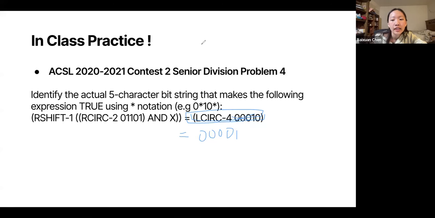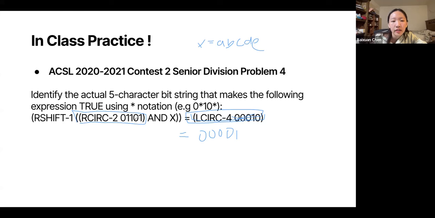So again, let's say x is equal to A, B, C, D, E. So first, let's find what right circle 2 of this is.